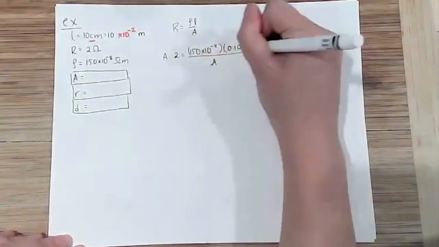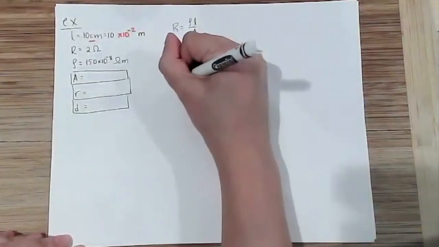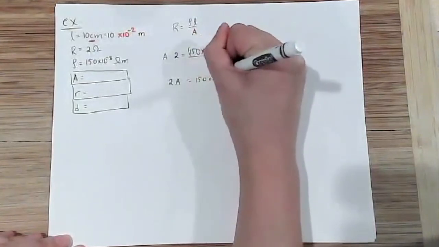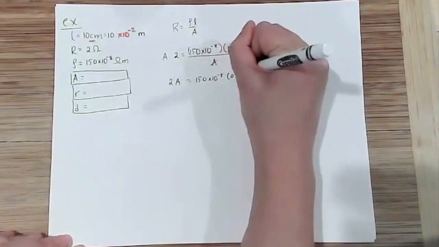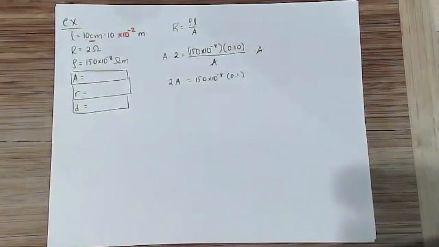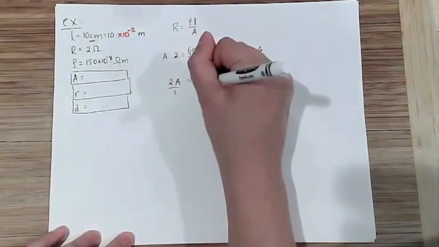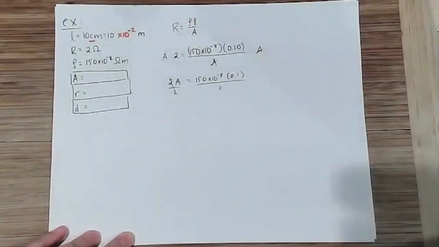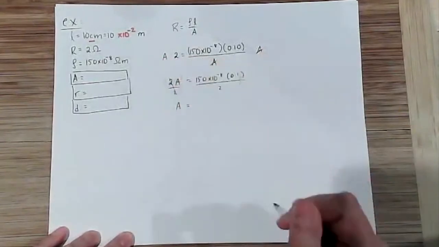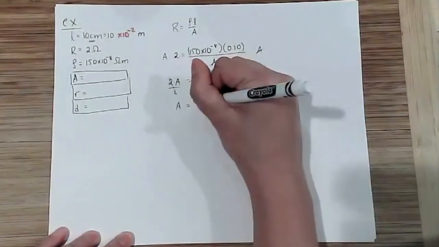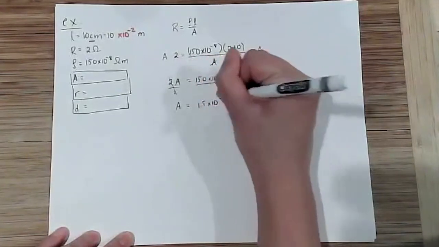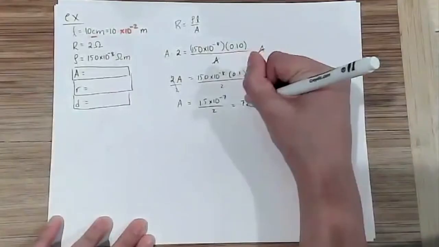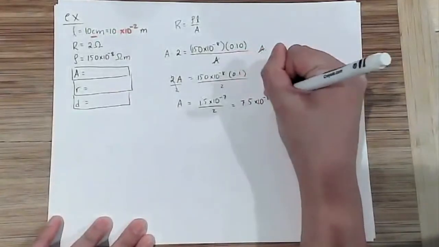Because these A's cancel, I have 2A equals 150 times 10 to the negative 8 times 0.01. Now I still want A by itself. So what I'm going to do is divide by 2 on both sides. See how the 2 on the left cancels? This leaves A equals, I evaluated this in my calculator, and it's 1.5 times 10 to the negative 7th over 2. So this is 7.5 times 10 to the negative 8th.